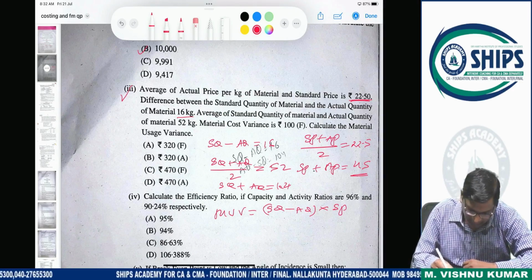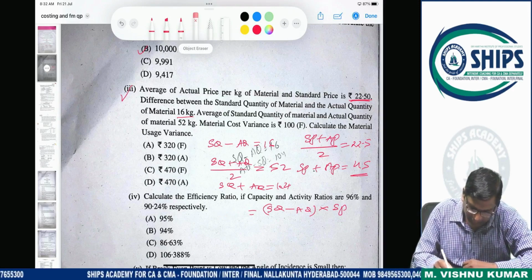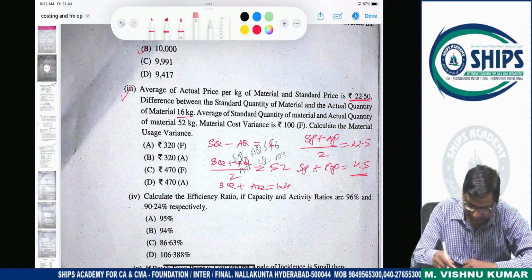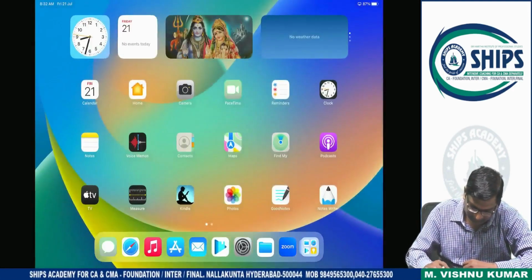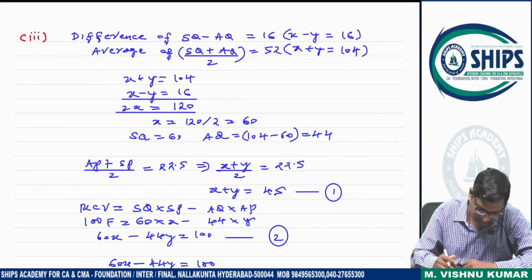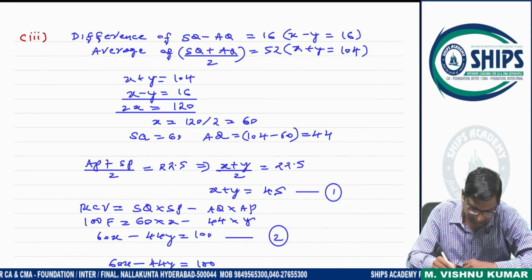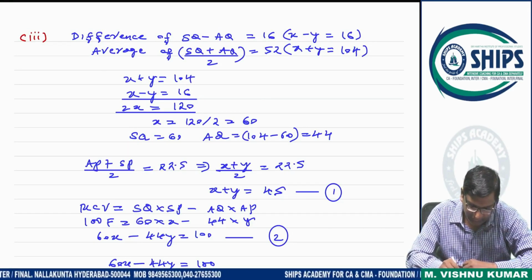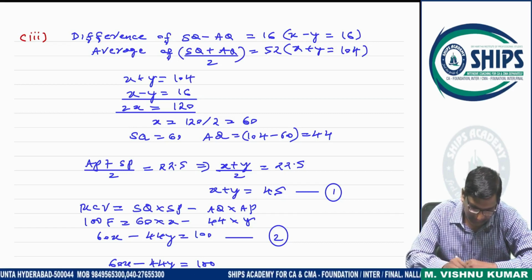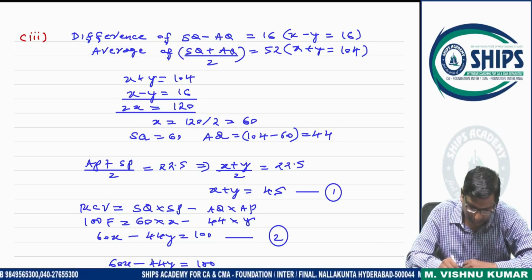Now, the difference of standard quantity and actual quantity is 16. This is x minus y. The average of standard quantity and actual quantity, SQ plus AQ by 2, is 52.